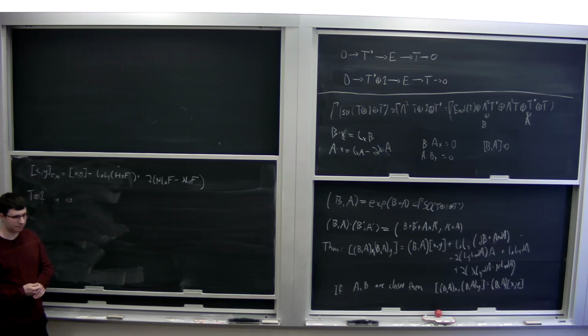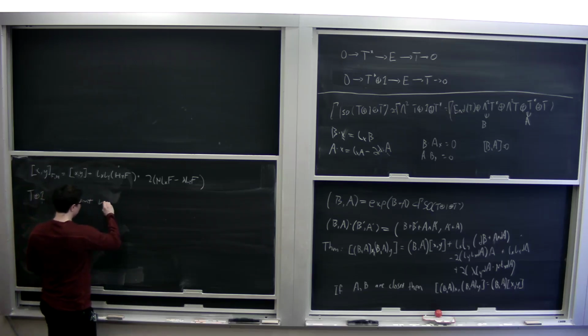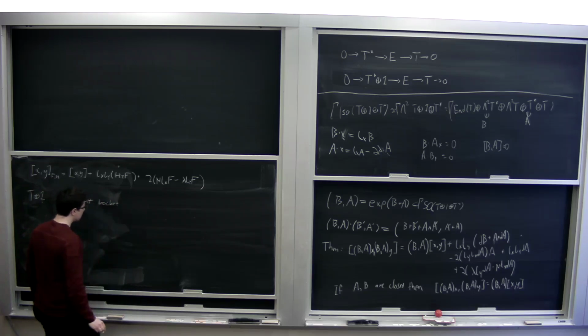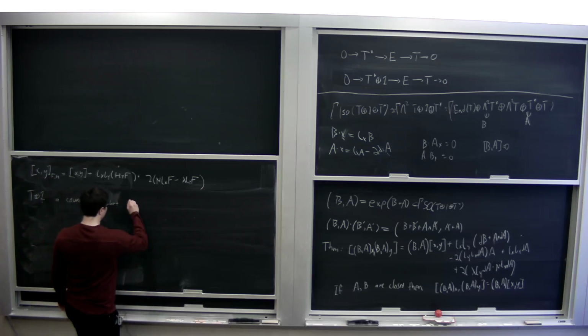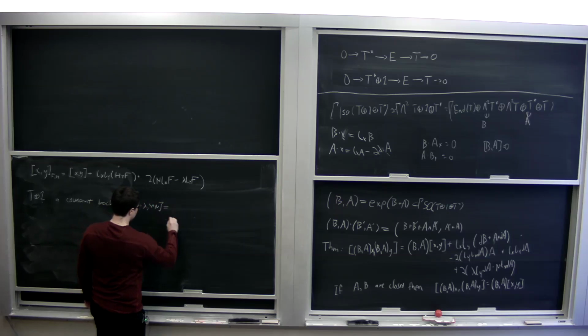Okay. All right. So we have a Courant bracket on just T plus 1 that looks something like X plus lambda, Y plus mu. This is i_X d mu minus i_Y d lambda.